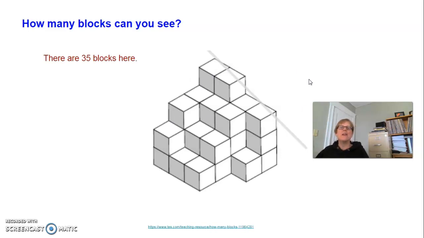So tell you what, if you did it another way, I'd love to know how you did that. How did you count the blocks? Did you get 35? So write that down. Write down how you counted. I told you my first method, but you guys might have had some better method or different method. They're all good. All right, let's move on to the lesson.